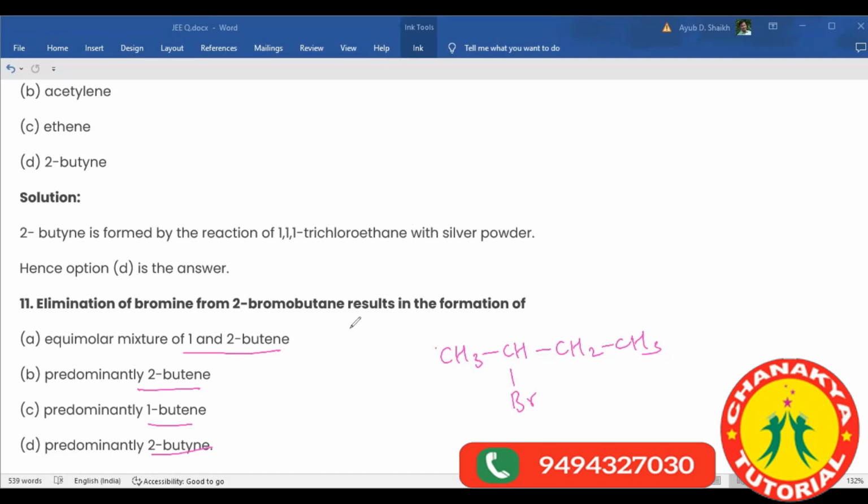Two possibilities are there, right? In this case, how many possibilities are there for the formation of compound?